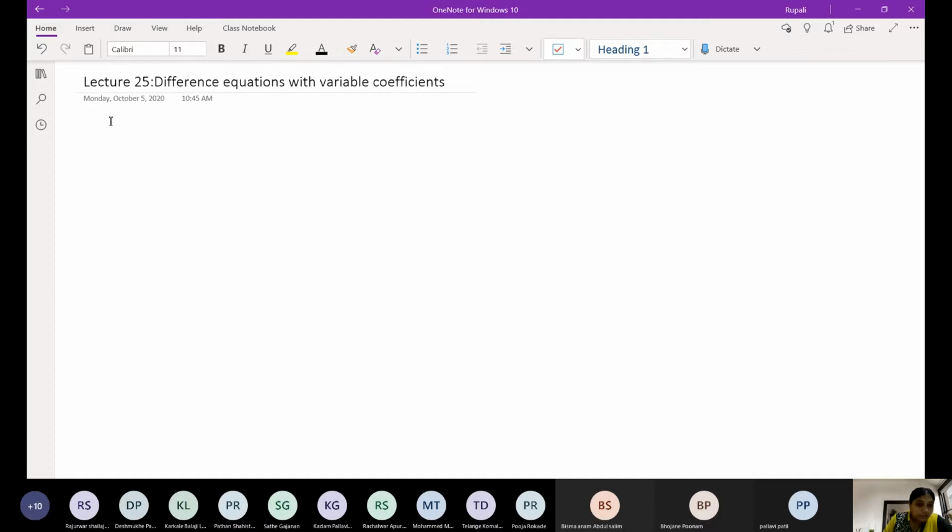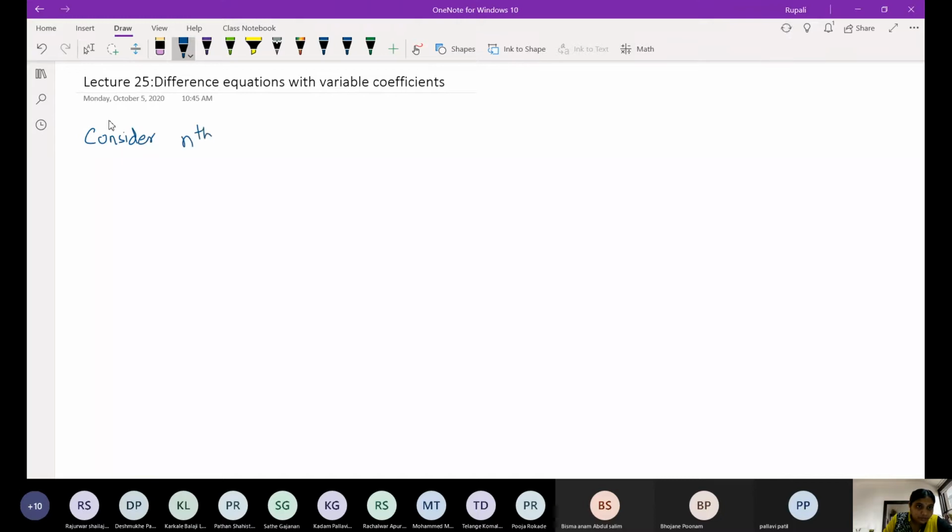So consider an nth order linear difference equation, which is written as follows.